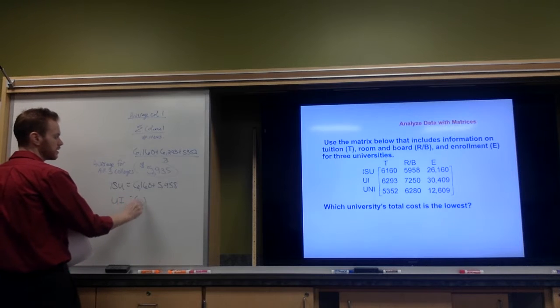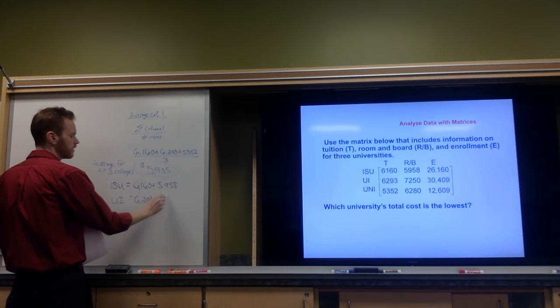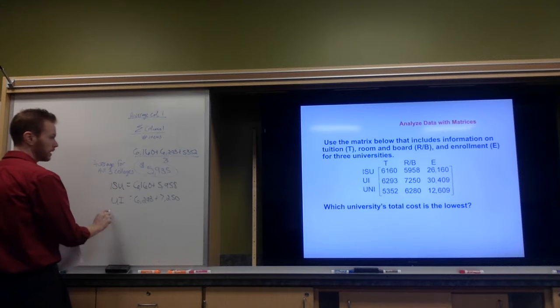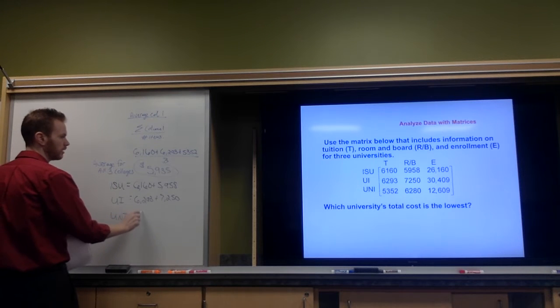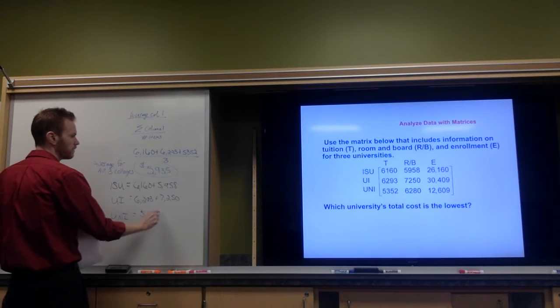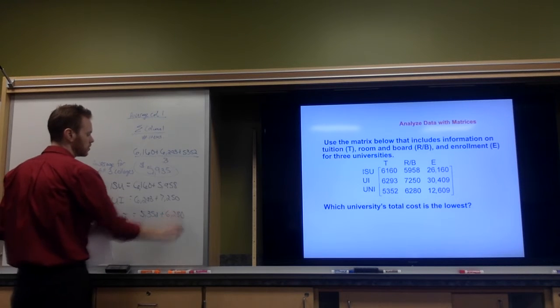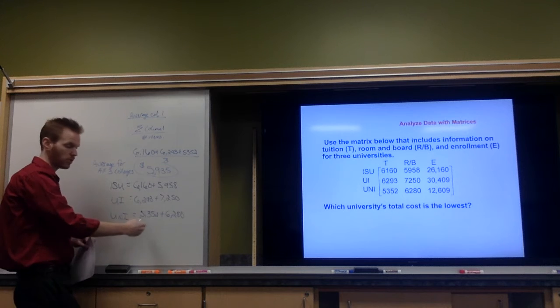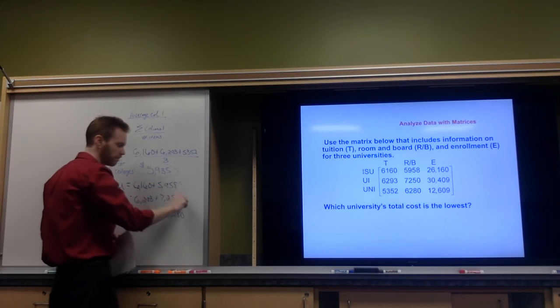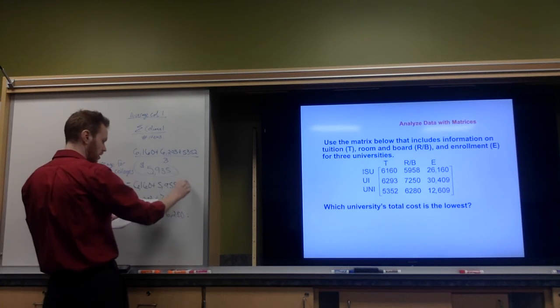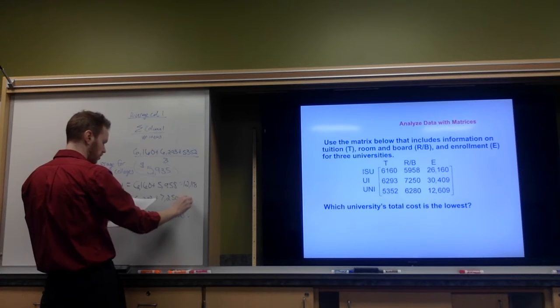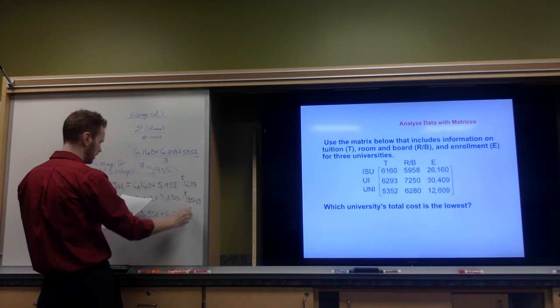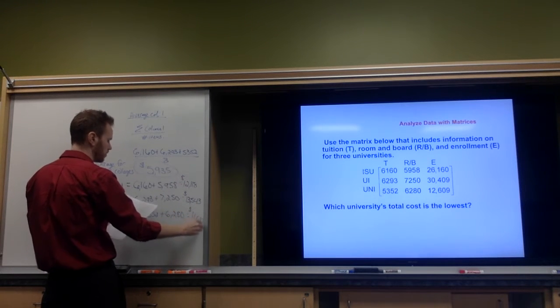UI would be 6,293 plus 7,250, and UNI would be 5,352 plus 6,280. Now remember, these numbers represent tuition, and this is room and board. If I add up all their totals, I get 12,118, 13,543, and the last total is 11,632.